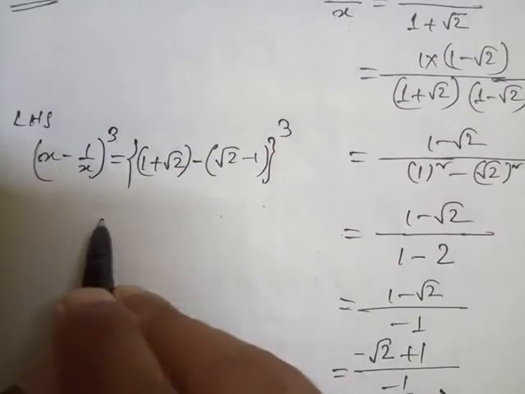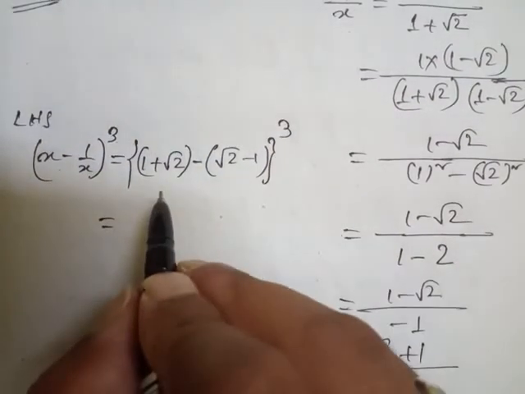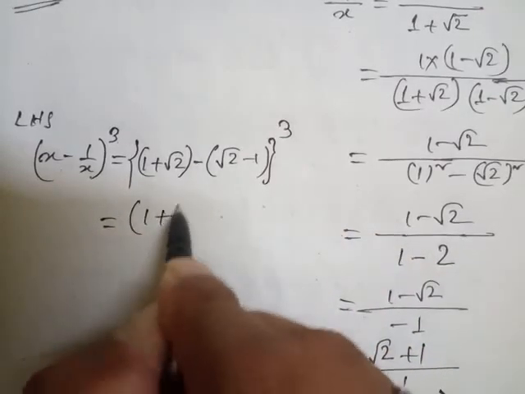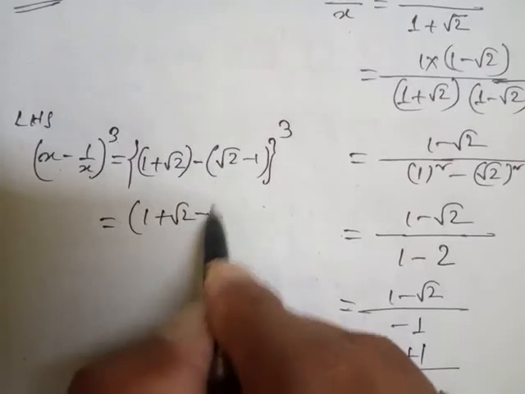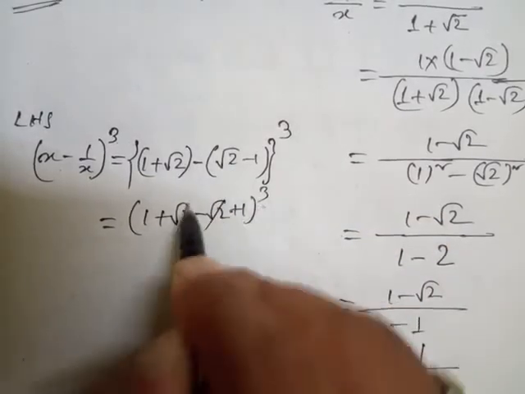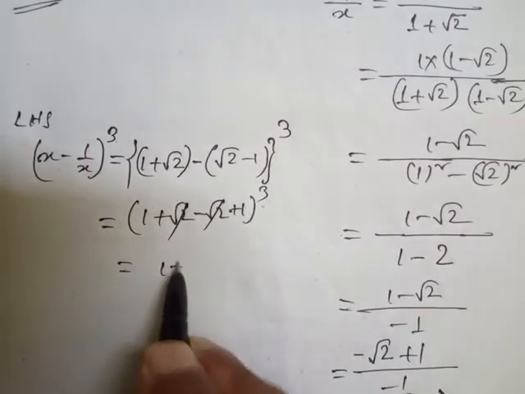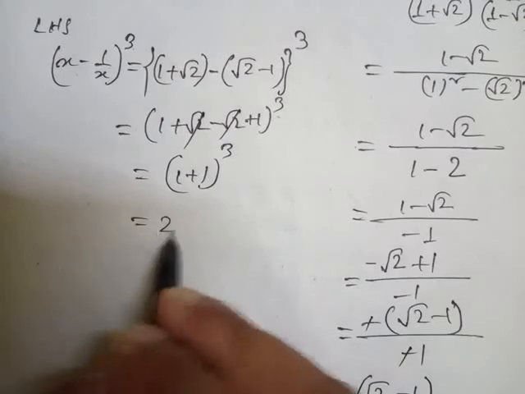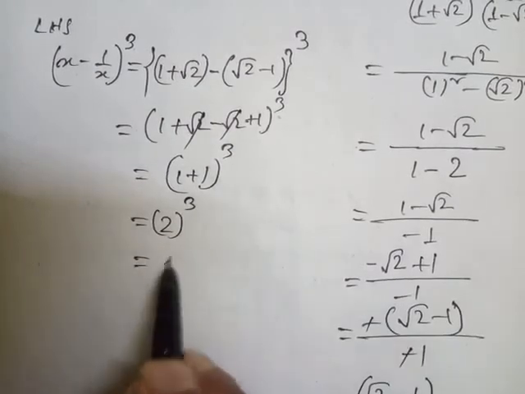Now look, just remove the bracket here. So 1 plus root 2, now plus minus minus 2, minus minus plus 1 whole cube. Root 2 and root 2 cancel. So (1 plus 1) whole cube. Now 1 plus 1 is 2, 2 cube, 2 cube is 8.